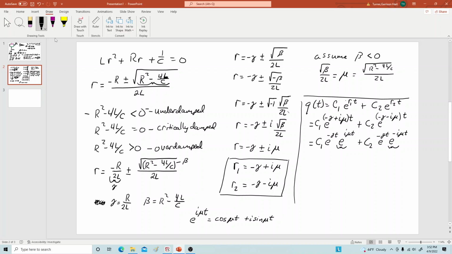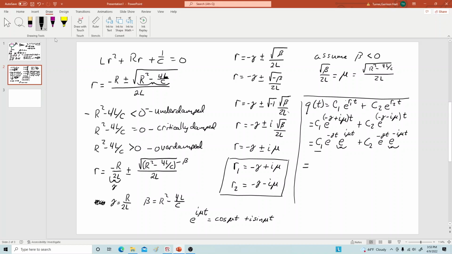And if you wanted to, you could put the 2L into the square root by squaring it and dividing everything. If you did that, you'd get R squared over 4L squared minus 1 over LC. Okay? But this is an angular frequency. Since we have the exponential decays, I can alternately write this in a different form.